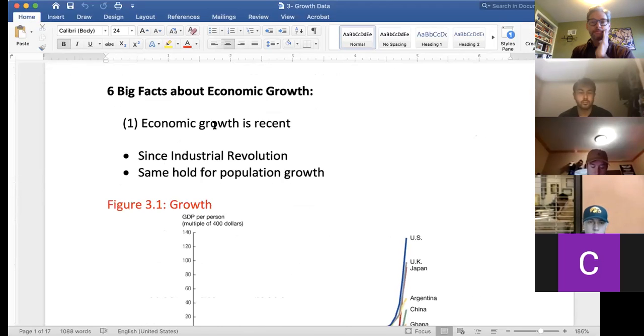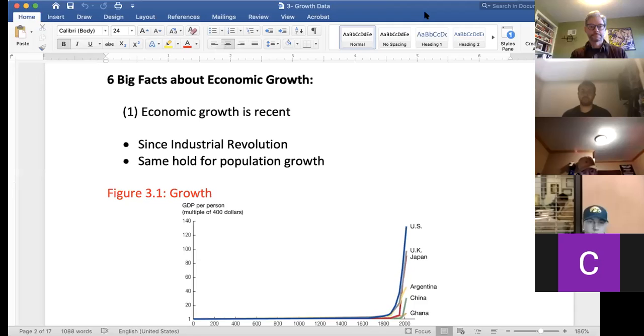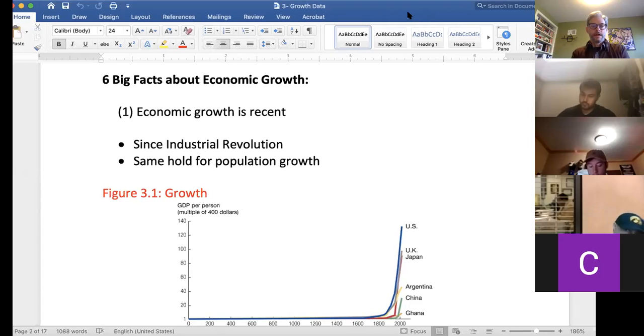So let's talk about the big facts of economic growth. The first one: economic growth is a relatively recent phenomenon, right? So for most of US history, what we've seen is very little increase in economic growth. And how do we know that? Well, we know that for a couple of reasons. For most of US history, we haven't seen any increase in population growth.